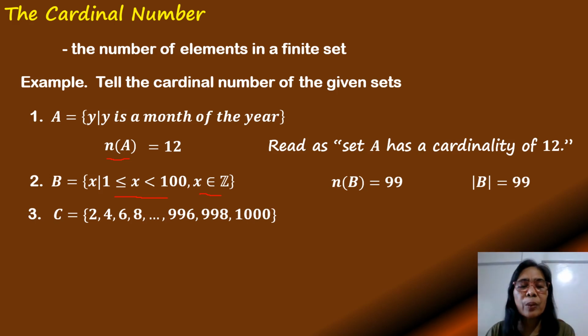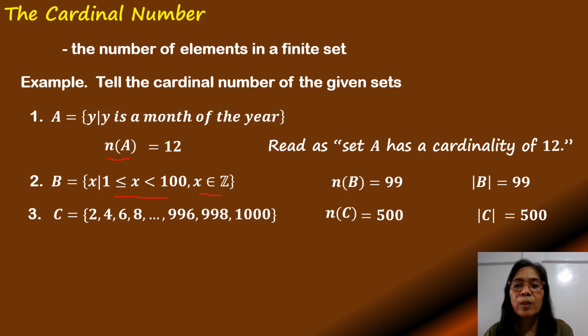And if you are going to count all those even numbers from 2 to 1000, you will know that the cardinality of set C is equal to 500. Again, another way of writing is you put C inside the vertical bar. So this is the cardinal number of C is equal to 500. That means there are 500 objects or elements in set C.